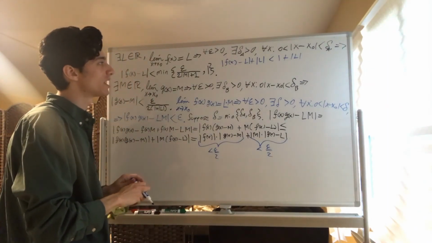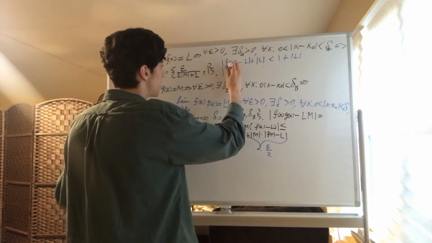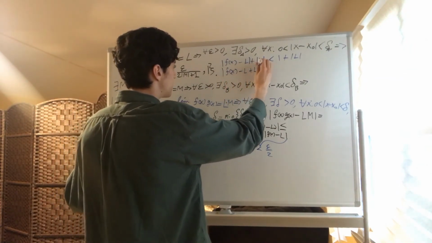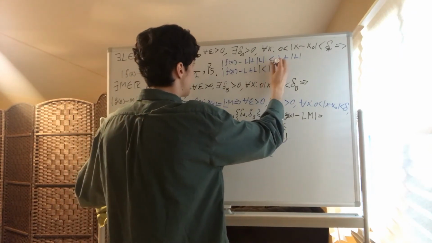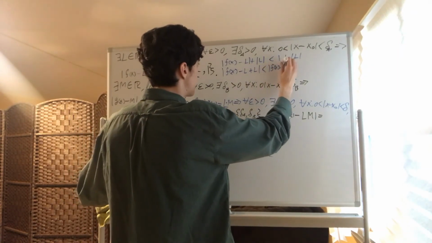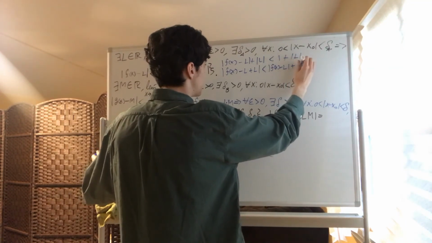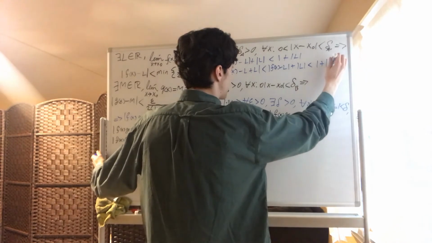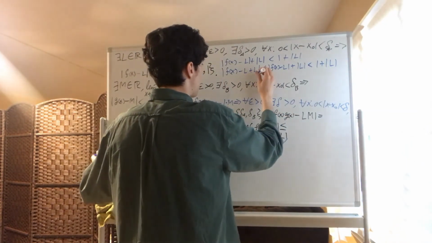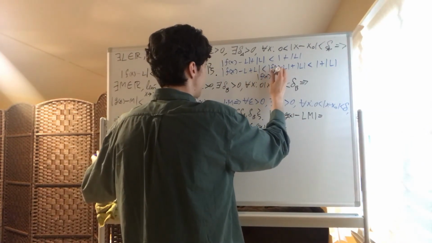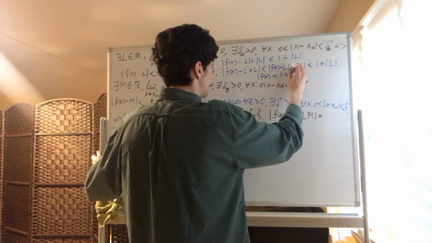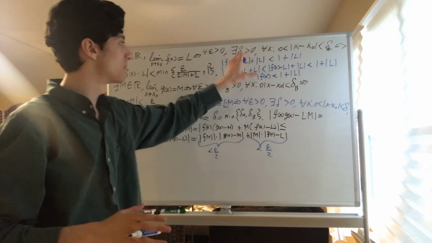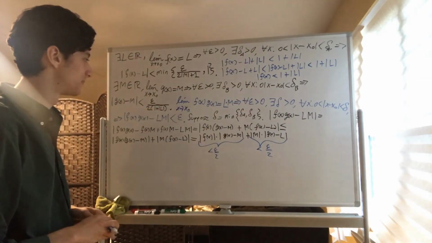And so now we know by transitivity that the absolute value of f of x minus L plus L, which is less than the absolute value of f of x minus L plus the absolute value of L, is less than 1 plus the absolute value of L. So therefore, the absolute value of f of x is less than 1 plus the absolute value of L. So that is just something to keep in mind. So I've written it up here.